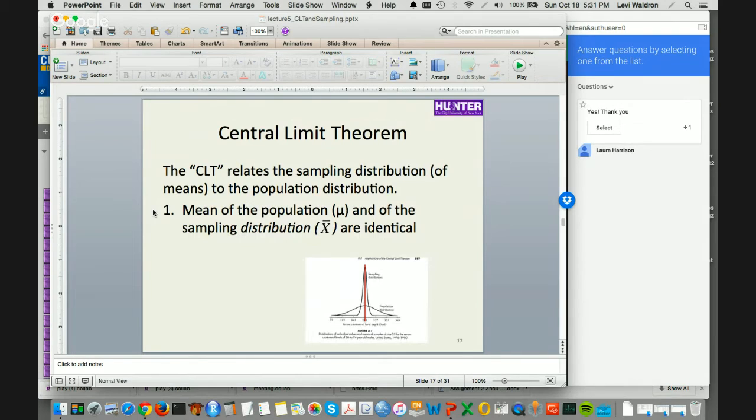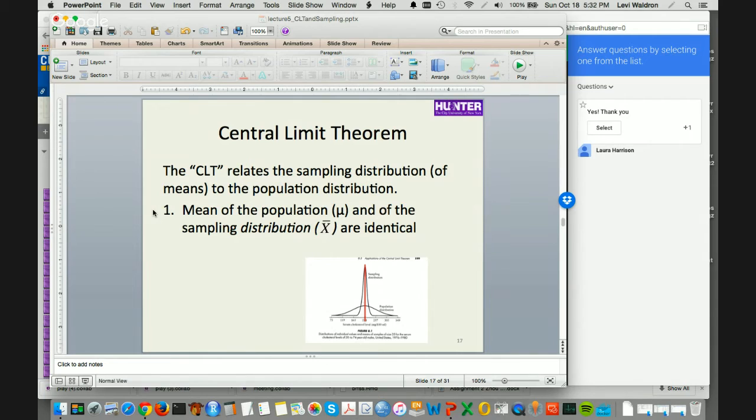So the central limit theorem comes in three parts. The first is that the population mean, mu, and the mean of the sampling distribution, x bar, are identical. This is probably not too surprising.